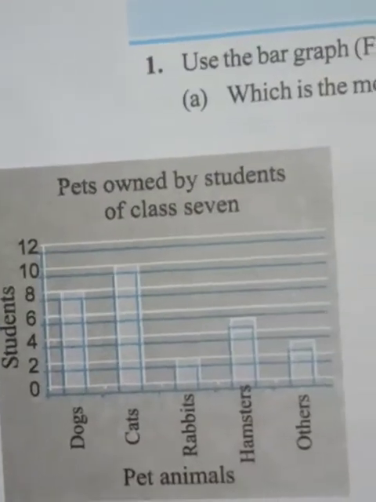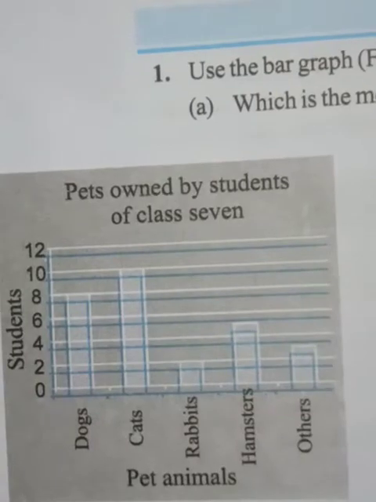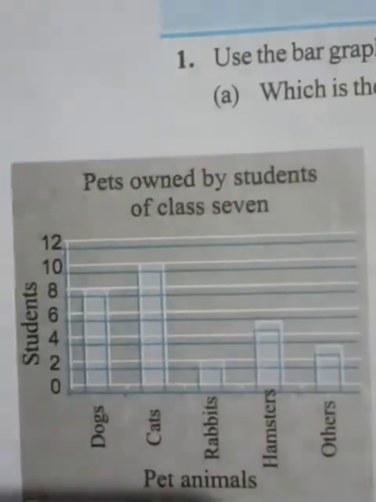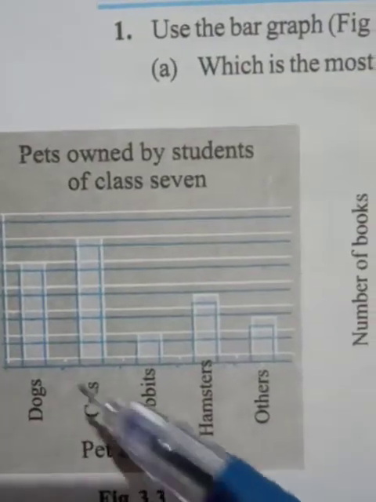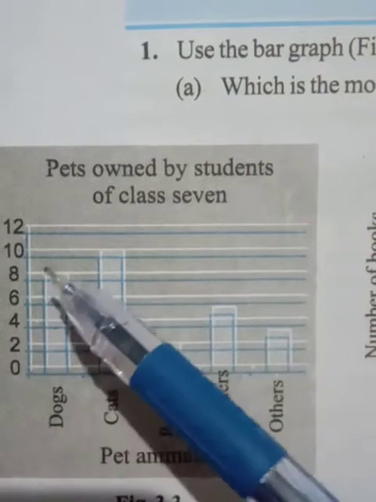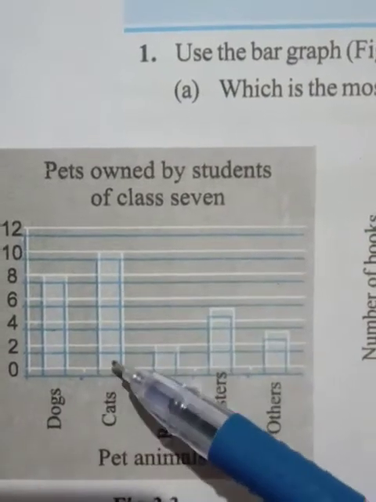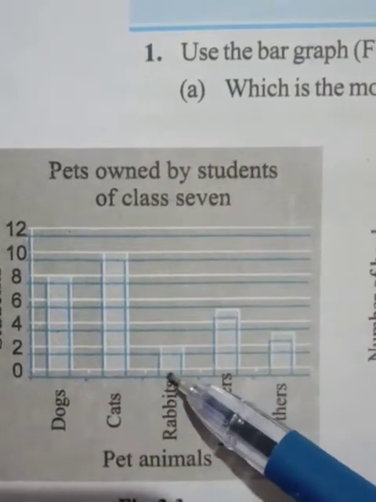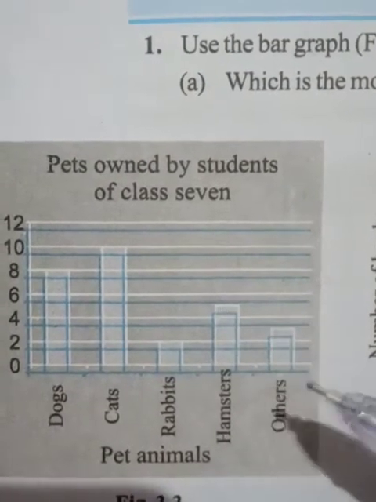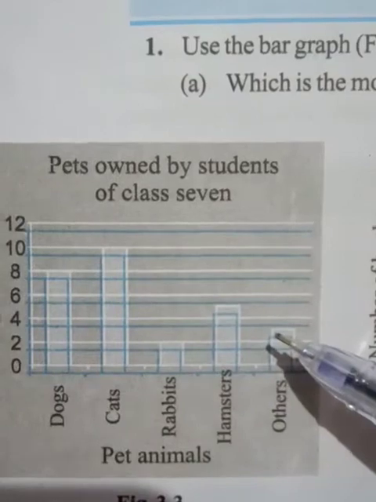Okay, and then they asked the question, which is the most popular pet. Here see the dogs, how many children have the pet as dog, that is 8 members, cat 10 members, rabbit 2, hamsters 4, and then others 2.